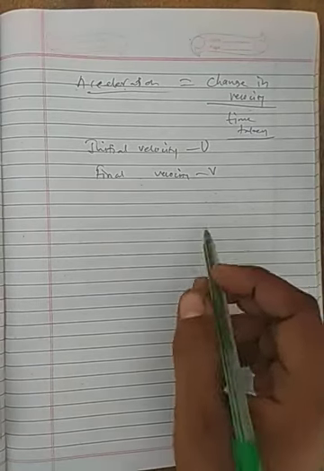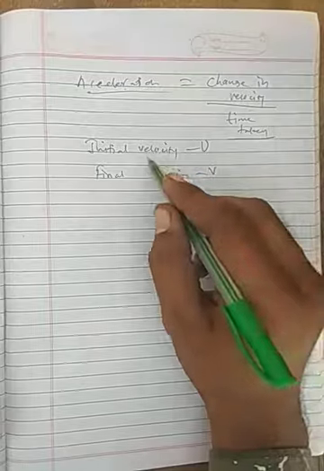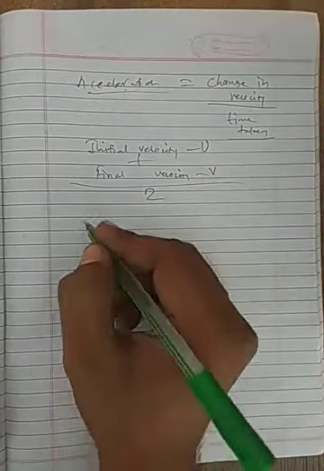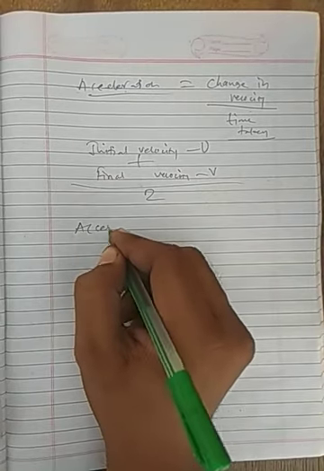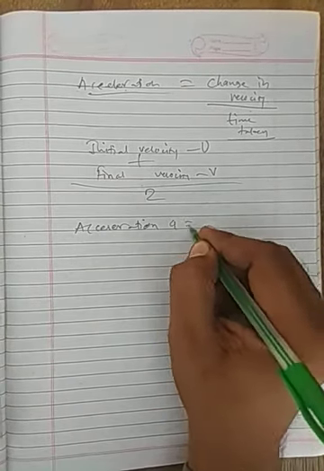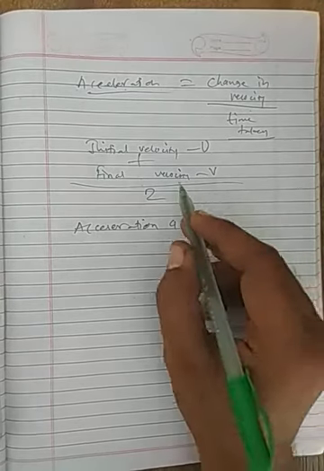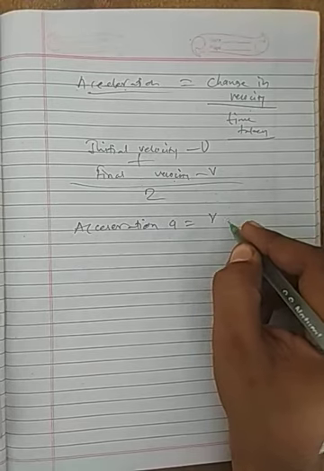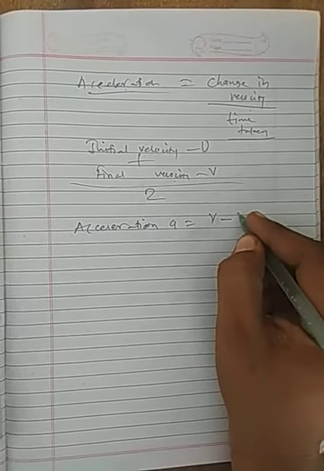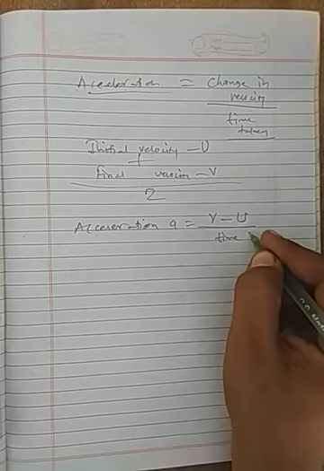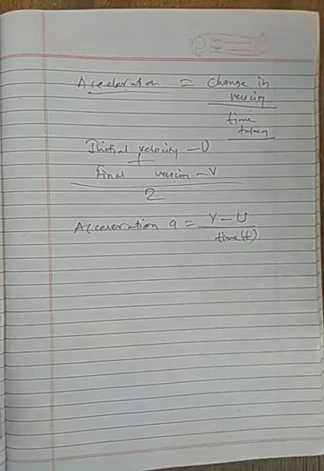To calculate average velocity, we have taken the arithmetic mean, initial velocity plus final velocity upon 2. But to calculate acceleration, that is denoted by a, is equal to final velocity v minus initial velocity u, upon time taken, that is t.